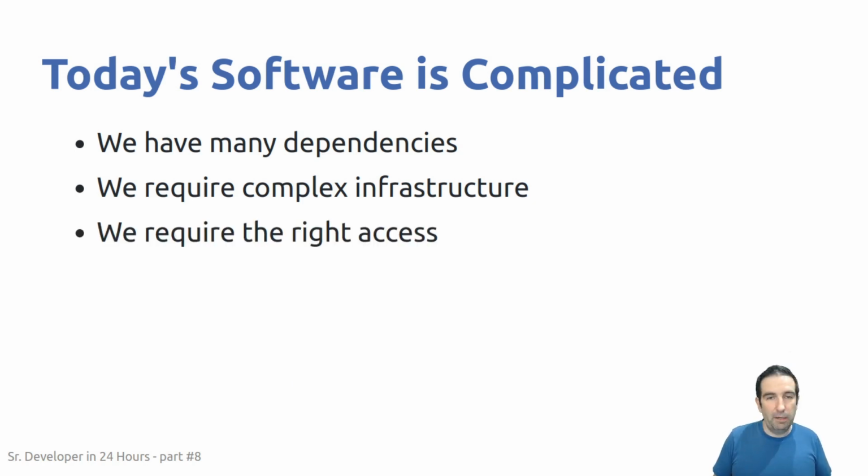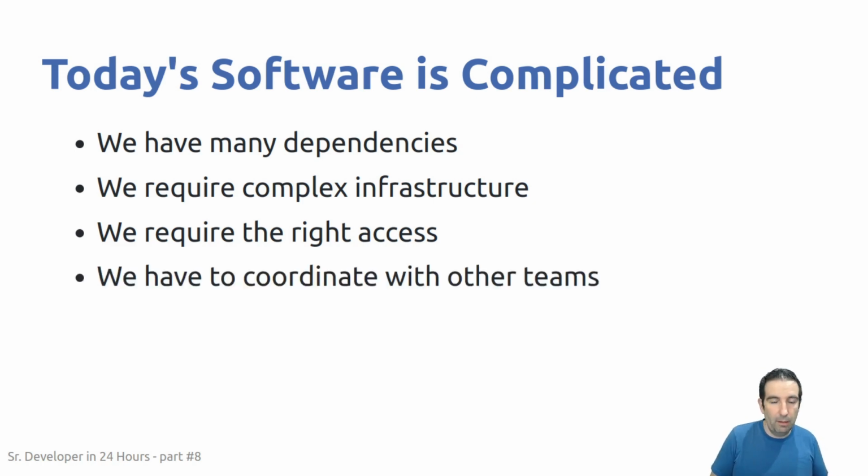We also require the right access. If we're working in a large company, in a large organization, getting the right access is going to be quite a task, and it's something that we have to make sure is there for us to actually get our work done. And to achieve a lot of those things, we have to coordinate with other teams.